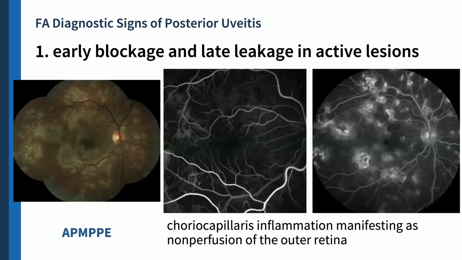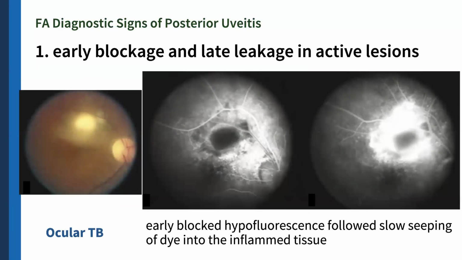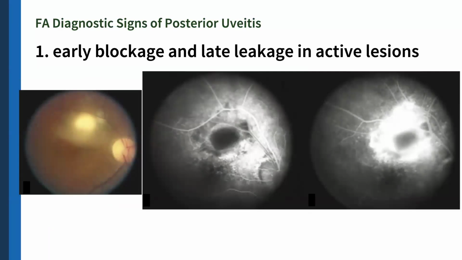But in later films, it becomes hyper because there's reactive leakage from the inner retina. But that's the pattern, early hypo and late hyper. Okay, so now we move on to this one. This is another set of pictures showing you on the first picture.